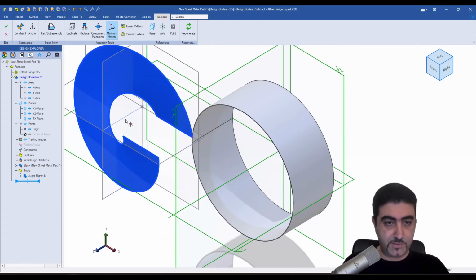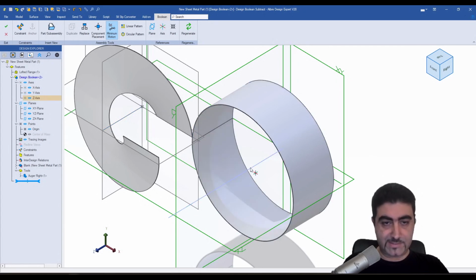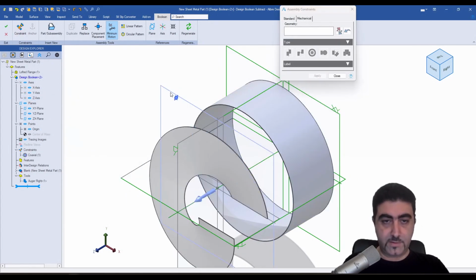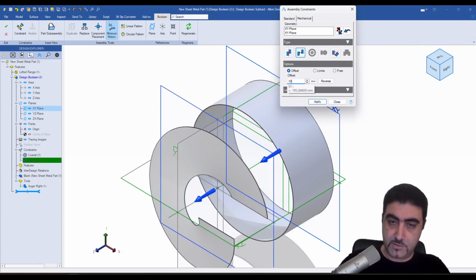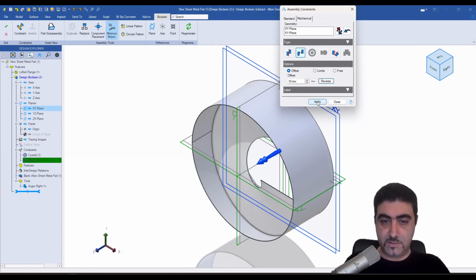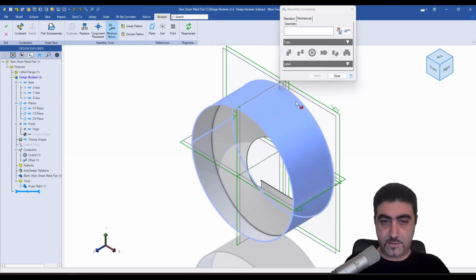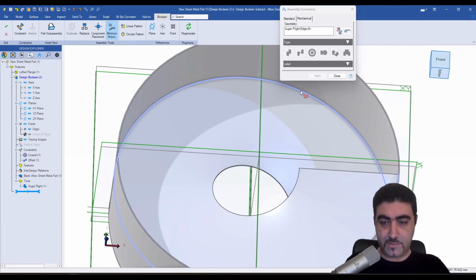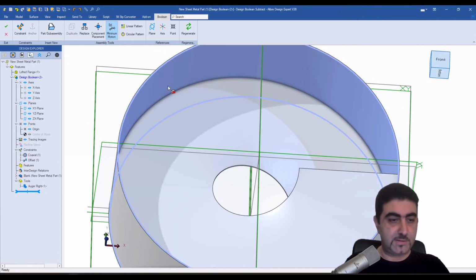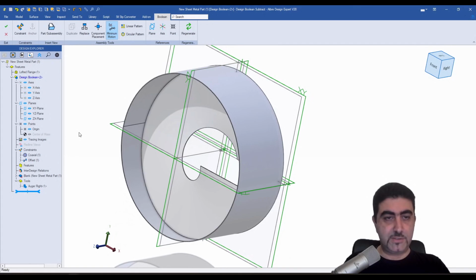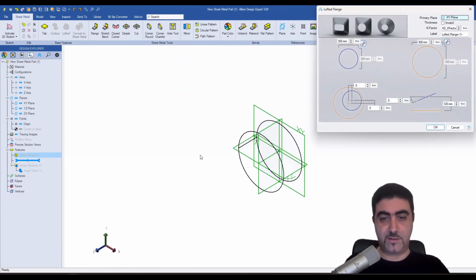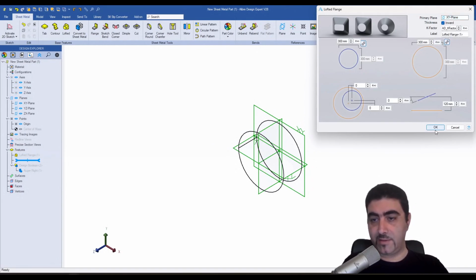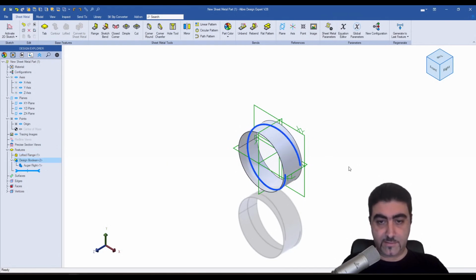So basically what I want to do is have this coaxial to this, and I want to have this at a distance of 10 millimeters to this. I don't want to cut, oh, wait. Okay, so I see what happened here. If I click OK, nothing will happen because when I made this lofted flange, I made the thickness towards the outside. I need to make the thickness inward.